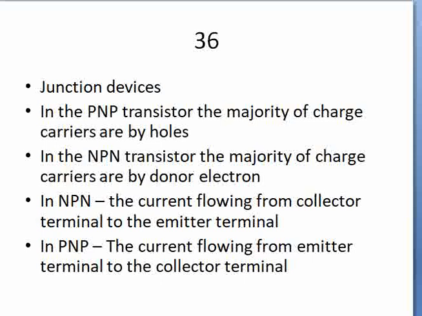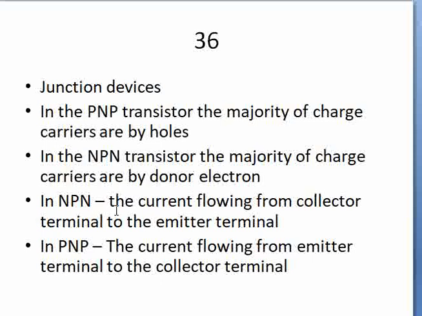Next one, junction devices. In the PNP transistor, the majority of charge carriers are holes, because two P-type semiconductors are joined by an N-type semiconductor. The majority of current is carried by holes. In the NPN transistor, the current is carried by donor electrons.